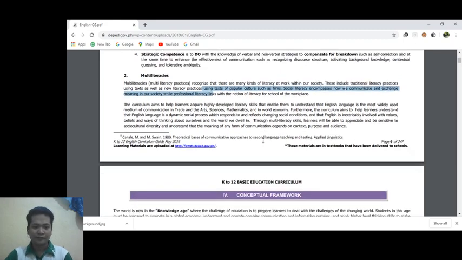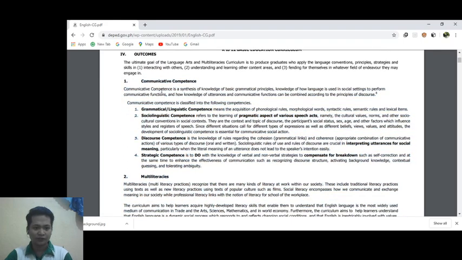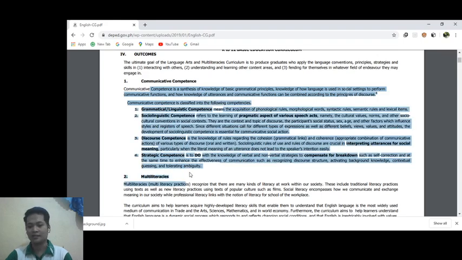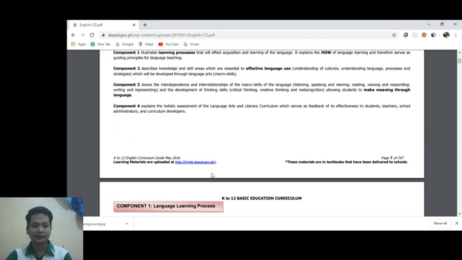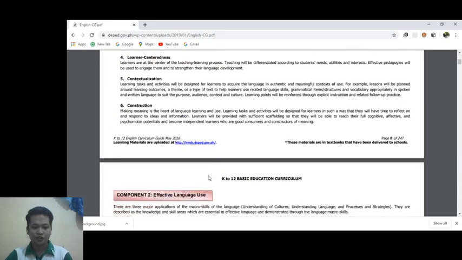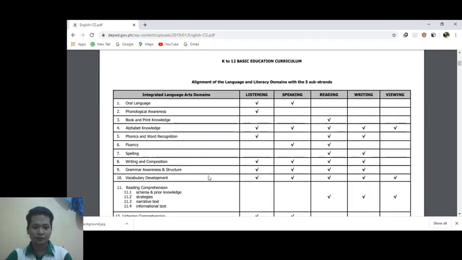These are the main goals, actually. These are the competencies that the students must achieve when they graduate or finish grade 10. I'll show you this one.